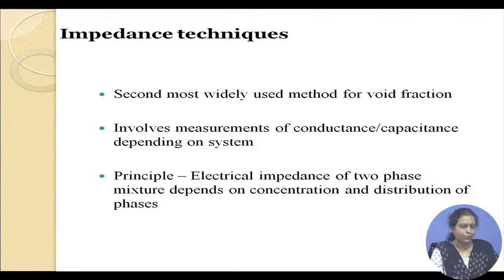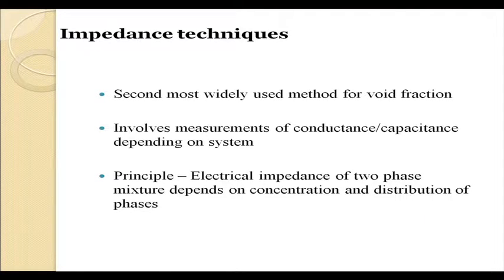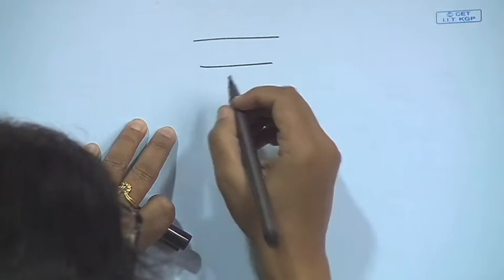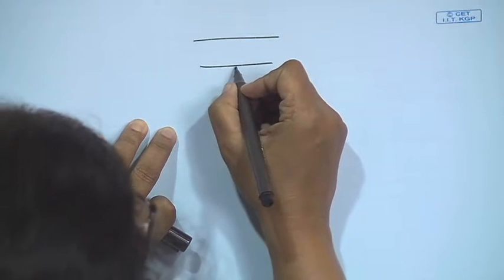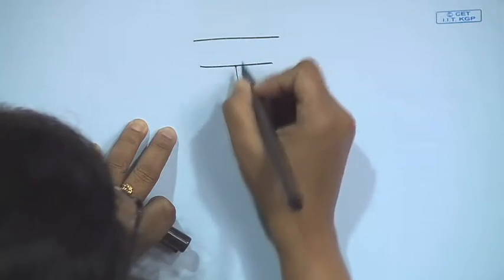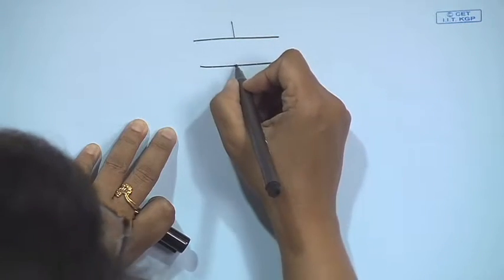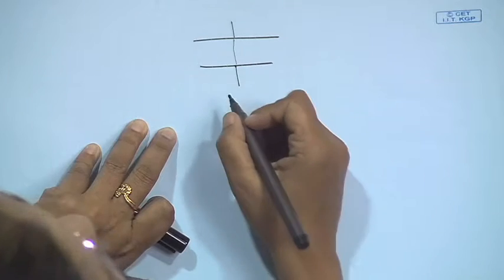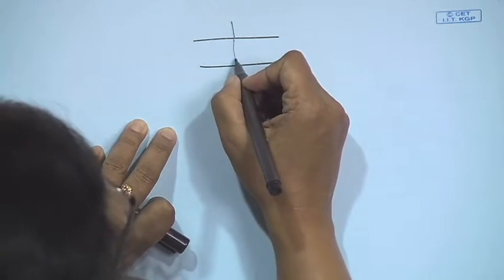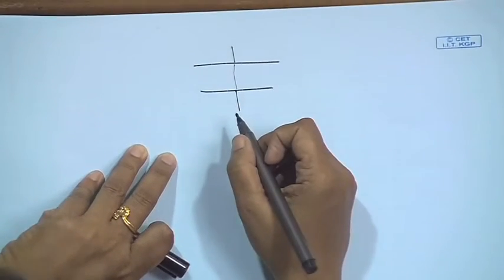The thing is that when a two-phase mixture is flowing and we have two electrodes located at the two walls, the electrical path is through the two-phase mixture, or rather through the fluid medium.